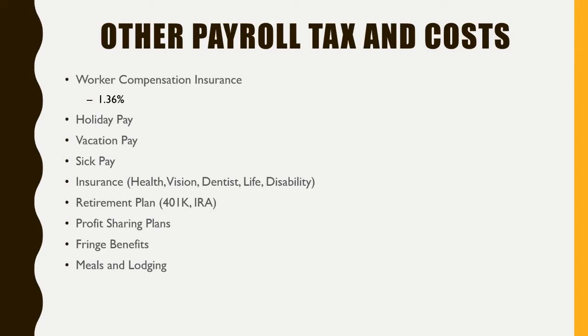So for instance, if you are a contracting construction type of company, your workers' compensation rate is going to be very high because you have a likelihood of getting injured on the job. Now, what workers' compensation does is it's a protection plan that businesses go through to protect themselves from employees suing the company for negligence, okay?